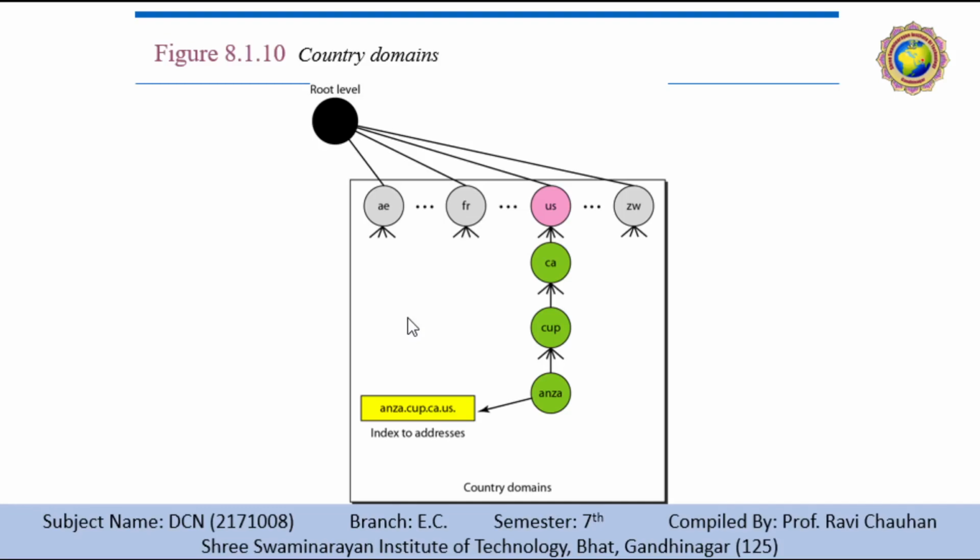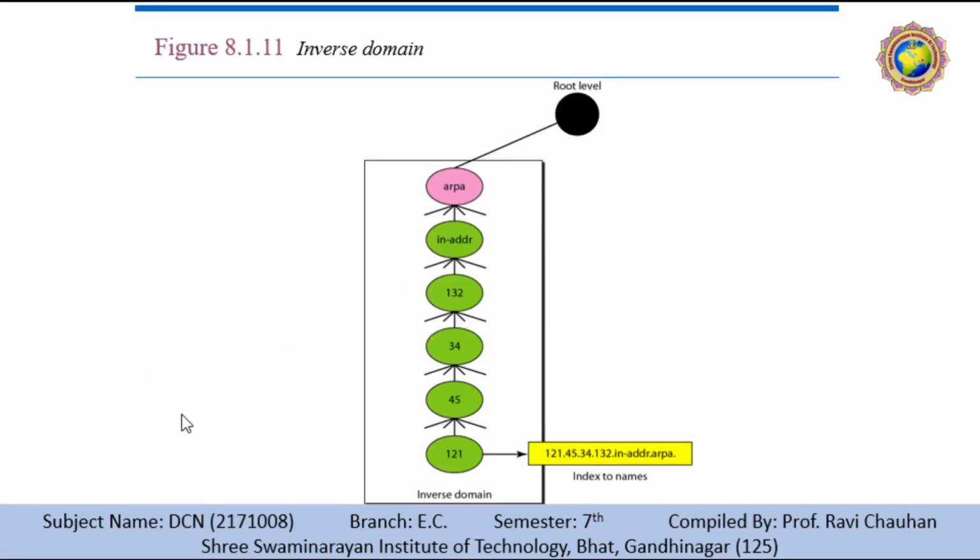The United States, for example, uses state abbreviations as a subdivision of US, just like CA.US. This figure shows the country domain section. The address anza.cup.ca.us can be translated to De Anza College in Cupertino, California in the US.